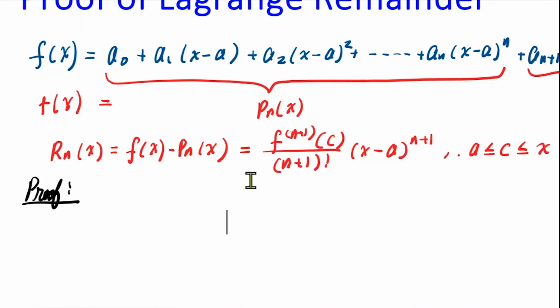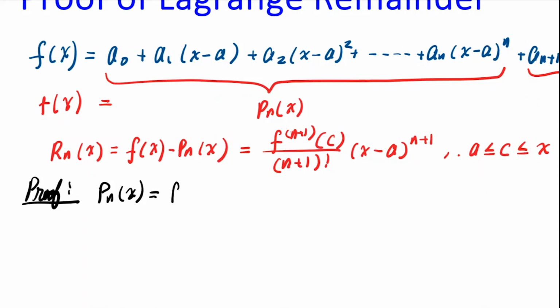The remainder term could be positive or negative, because your function could be positive or negative at any point. But when we say error, there's no such thing as negative error, so we always put absolute value around the errors.